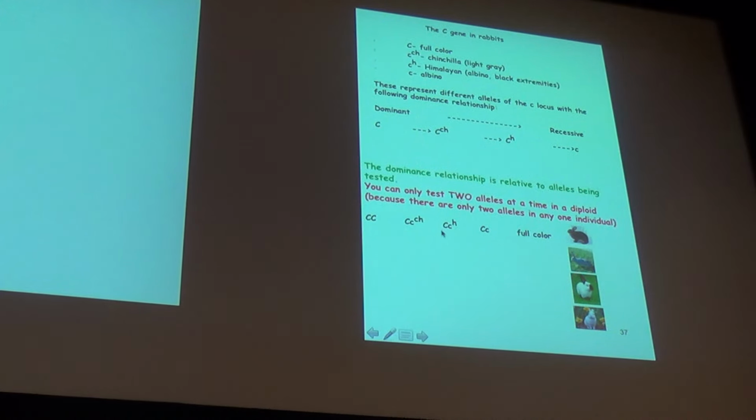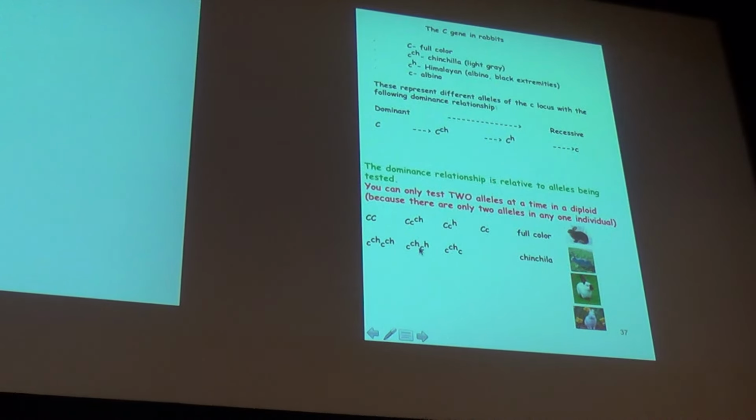All right. So that's Himalayan, and then big C, little c is also full color. Then you do the next experiment. You do chinchilla with chinchilla, and that's of course chinchilla because that's homozygous. You do chinchilla with Himalayan, you make a diploid, and that's going to be chinchilla as well.